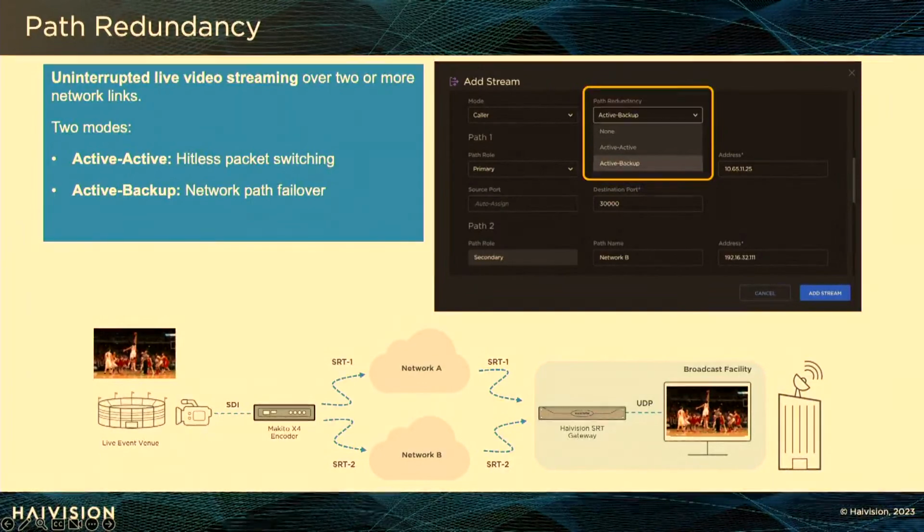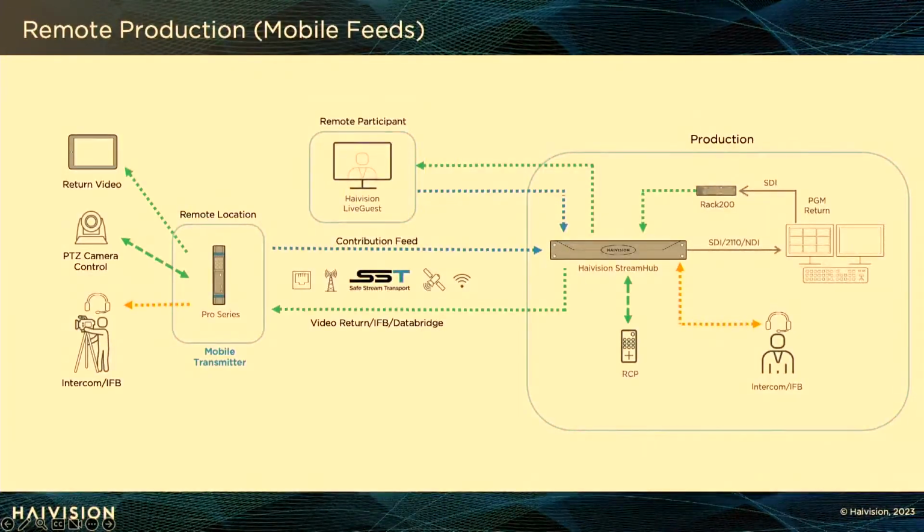It means you can use two internet providers, two different providers, that's what we recommend, connected to the encoder, and the encoder will do full redundancy on the transmission, sending all the IP packets and video feeds to the two internet providers. So even if one is failing, you will still receive the video with low latency on the other side. So that's called path redundancy.